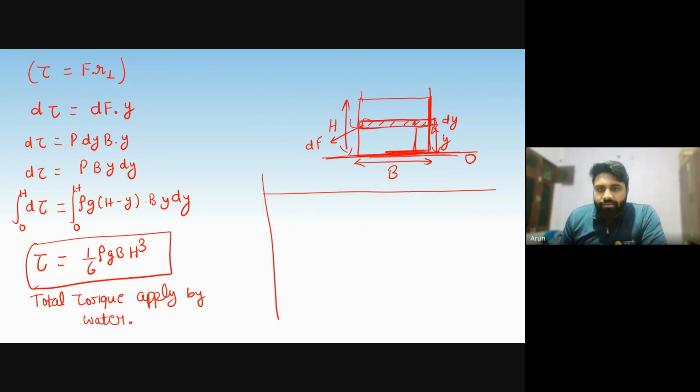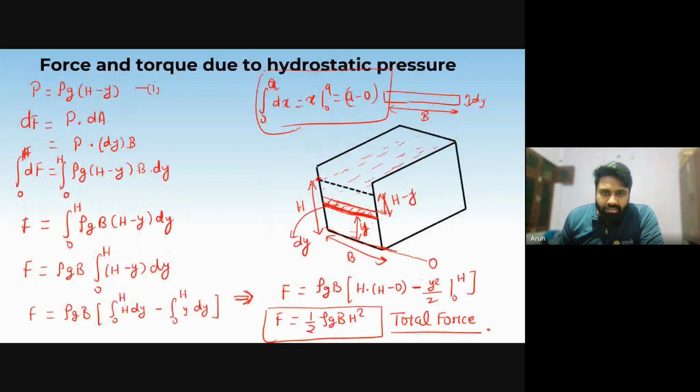Now, we know the expression of total force and the expression of total torque. So what we are going to do is find out the line of action of that total force, up to which height we should place the gates. Let the height be h dash. The total force acting here is 1 by 2 rho g b h square.